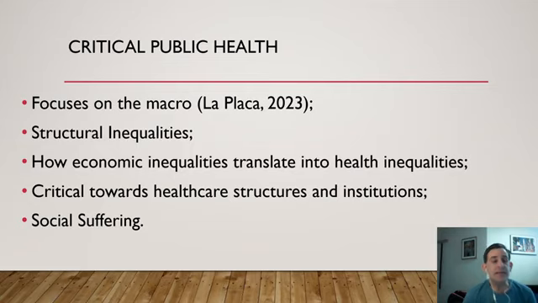It emphasises this concept of social suffering, whereby healthcare institutions and the way society is arranged often create suffering for individuals beyond viruses and bacteria and physical disease, and looks to society to see how the way it's organised often creates social suffering and influences inequalities and the social suffering that occurs because of that.